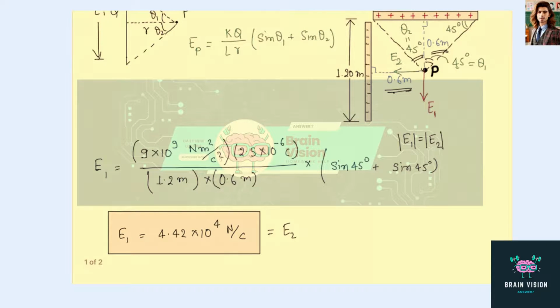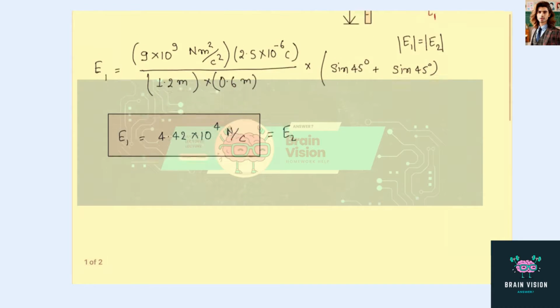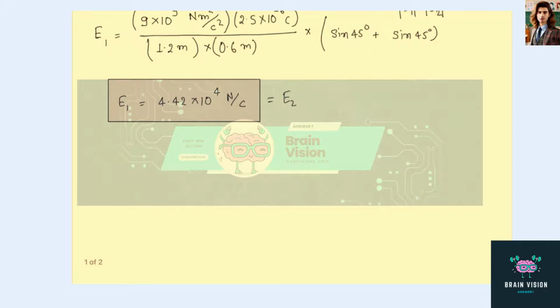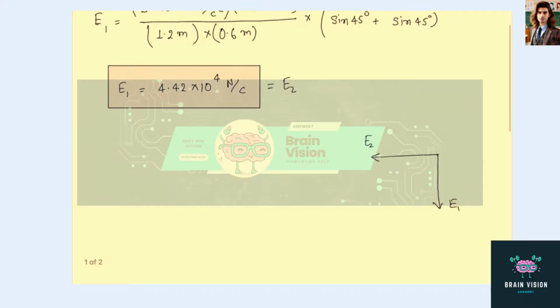Now the question is how to find net electric field. So we can see here that these two electric fields are perpendicular to each other because these two rods were perpendicular to each other. Therefore, their resultant field will lie in between them. So let me draw these two fields again. This was E2 and this one was E1, and both were of equal magnitude.